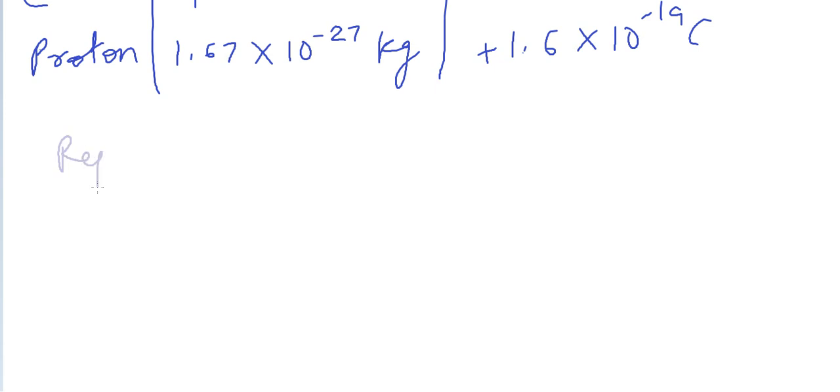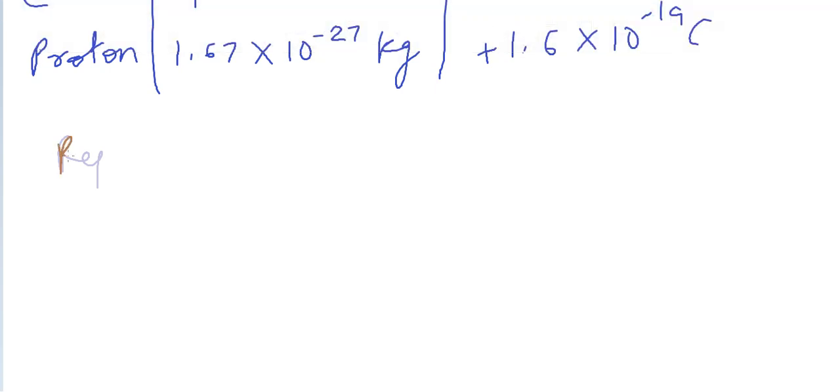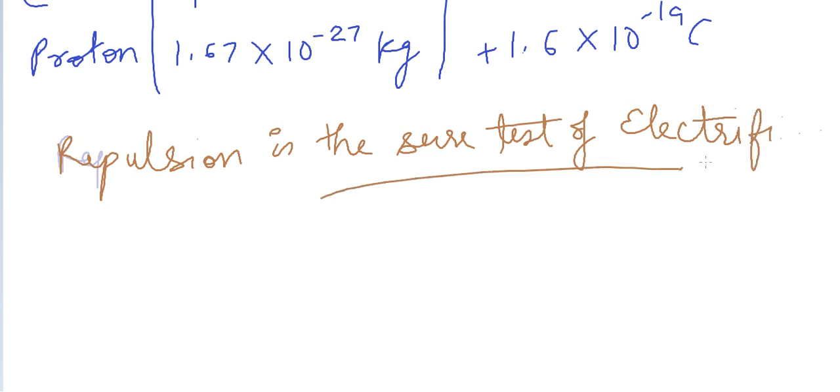Maybe that's not visible, let me change the color. Taking brown. Repulsion is the sure test of electrification. So why is it so?